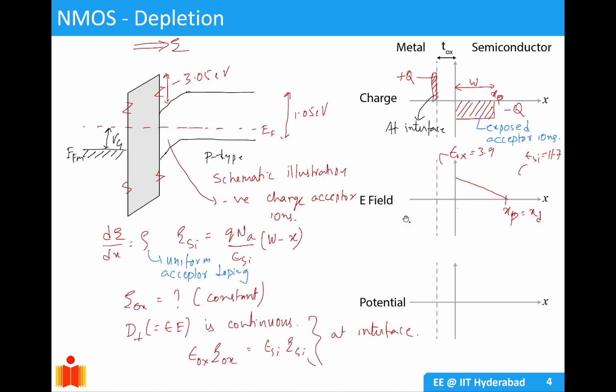Then the oxide, here you can see the oxide is in the positive region. The electric field is positive in the oxide. So hence the oxide band bending will have a positive slope.